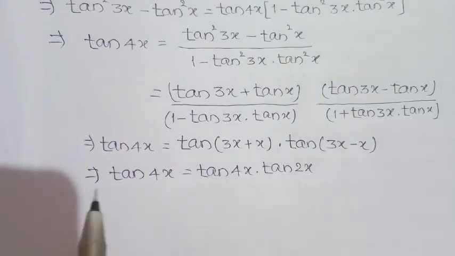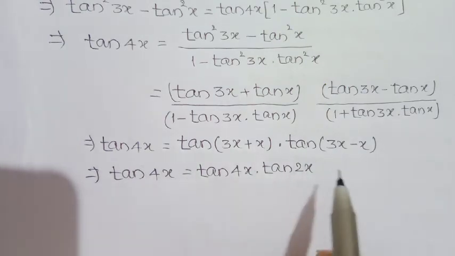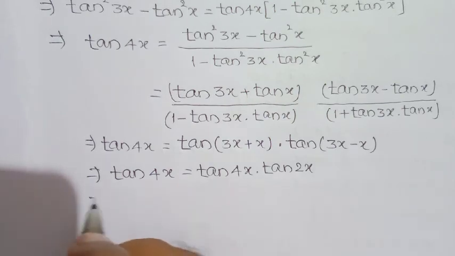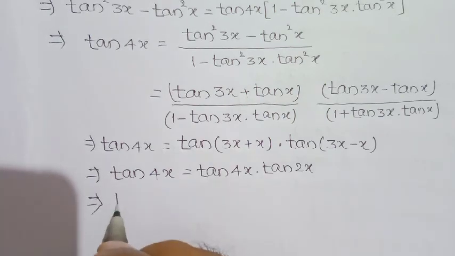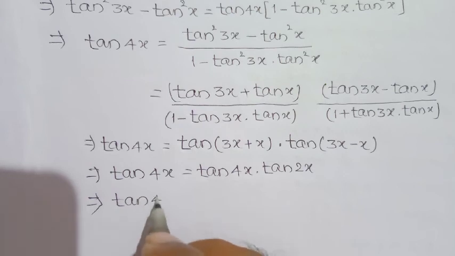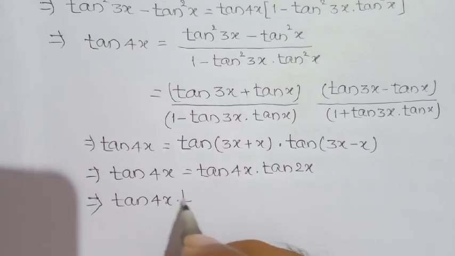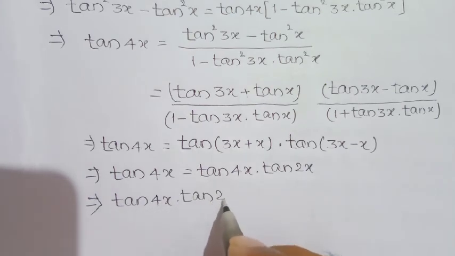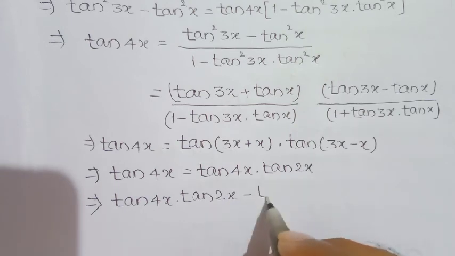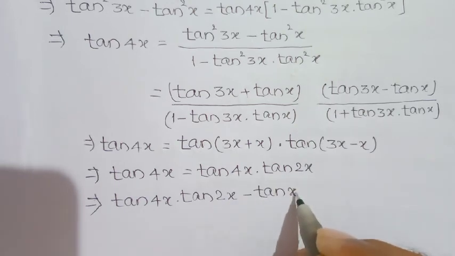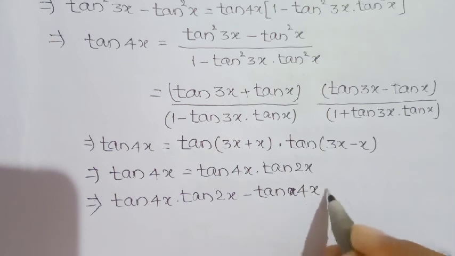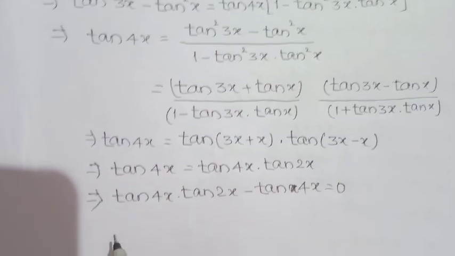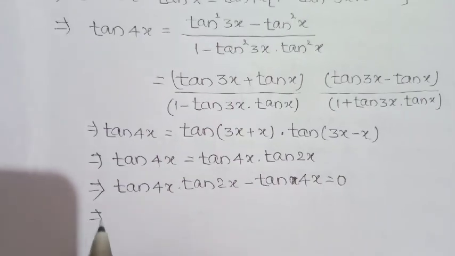Now this term on the right side becomes negative. So we should write tan 4x into tan 2x minus tan 4x equals 0. Take tan 4x as common.